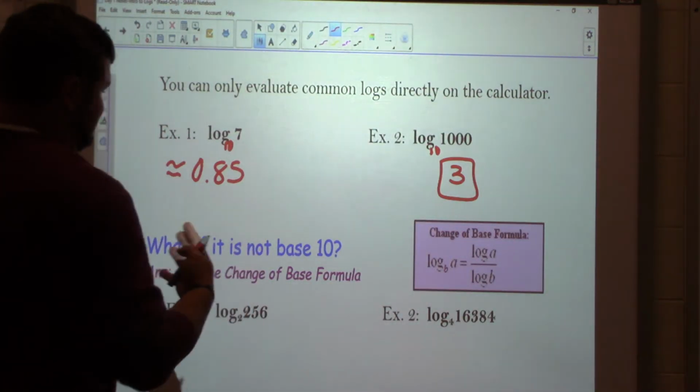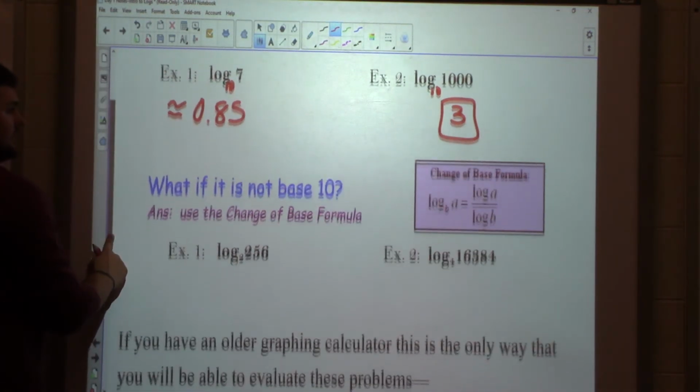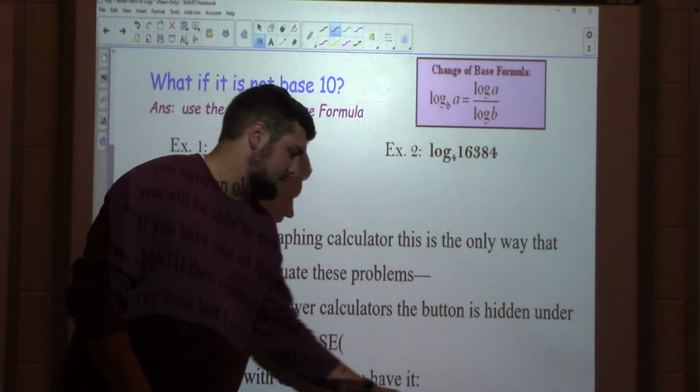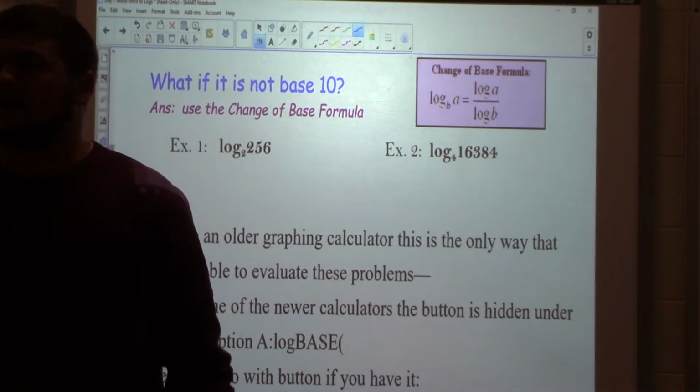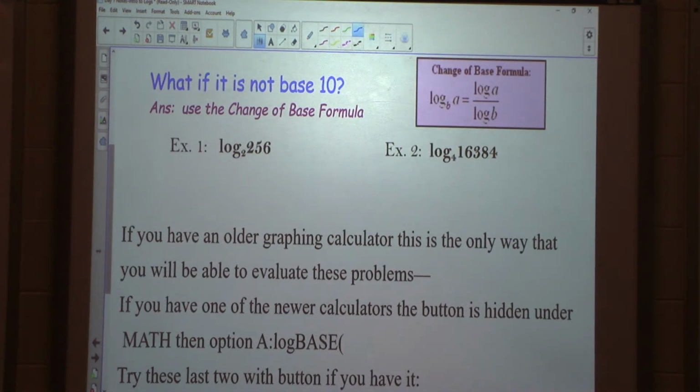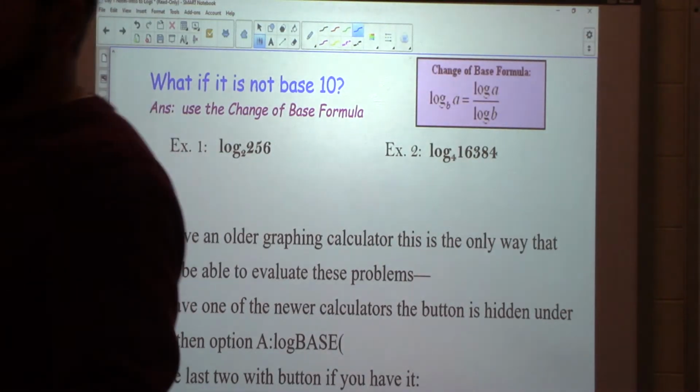If it is not 10 and you have an older calculator, you will not be able to do the cool way. You're going to have to do it this way. If you have a newer calculator, this way works as well.